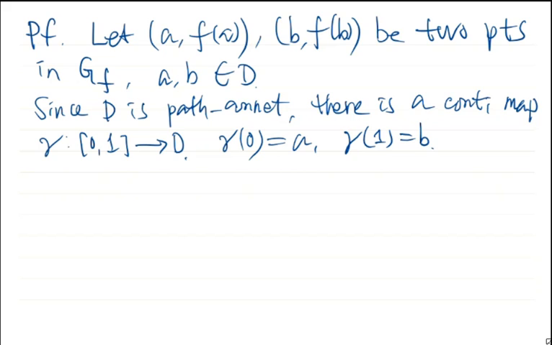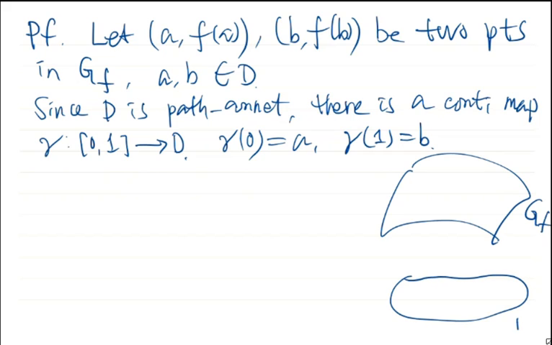So this is the graph. This is the domain D, and a, b are here, and this point is (a, f(a)), and this point is (b, f(b)). So a and b can be connected by a path. That is our gamma. Our purpose is to find a path in the graph joining (a, f(a)) and (b, f(b)). This is what we want.